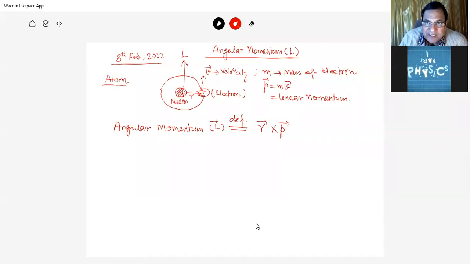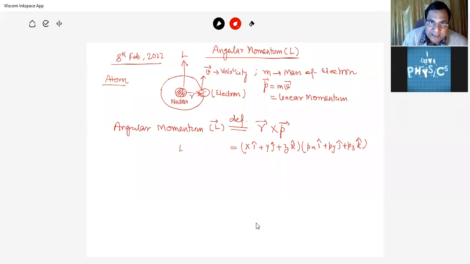This can be represented as r, where r is xi plus yj plus zk, and this is pxi plus pyj plus pzk, the linear momentum.